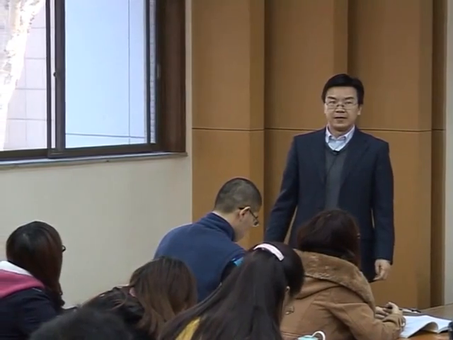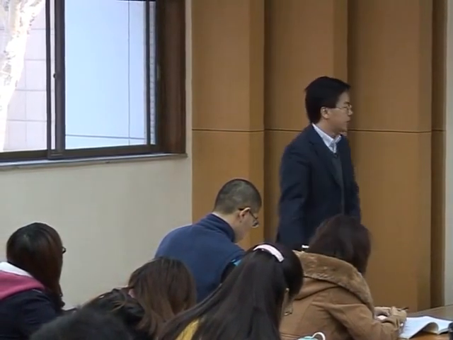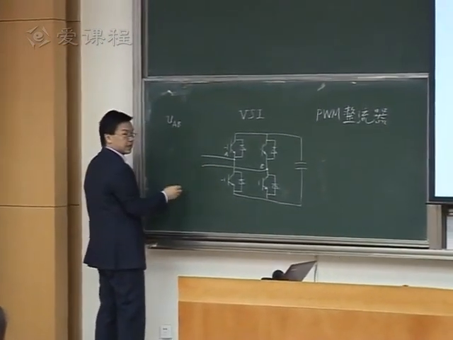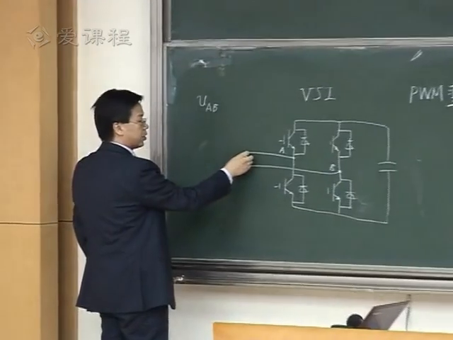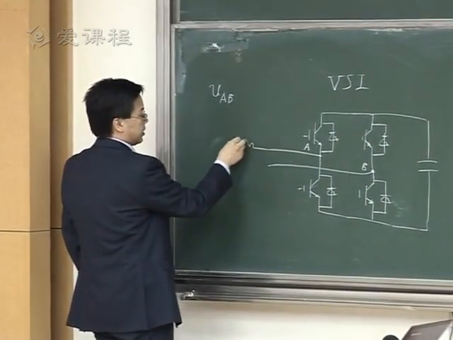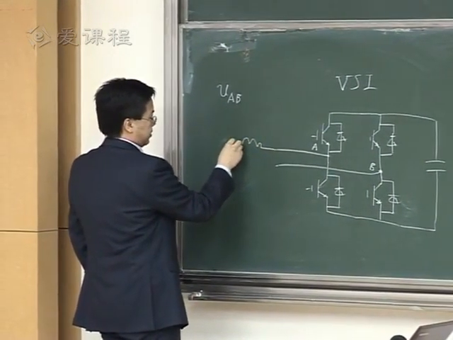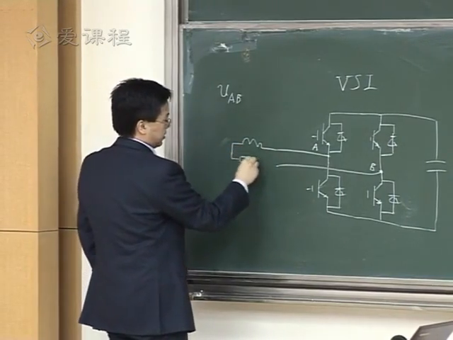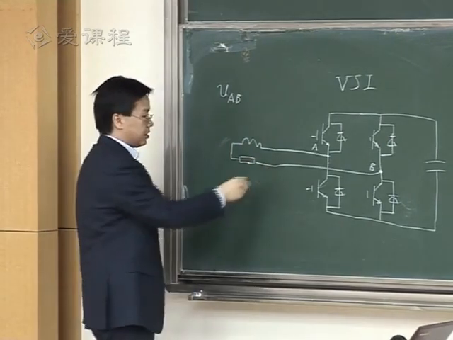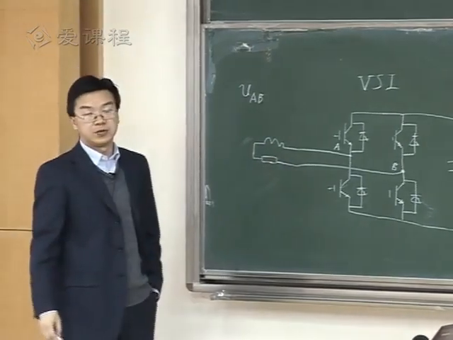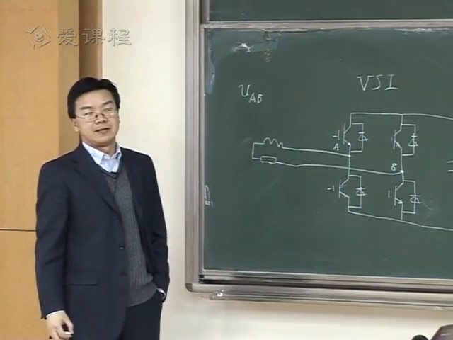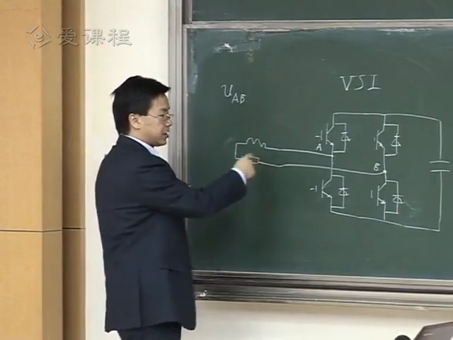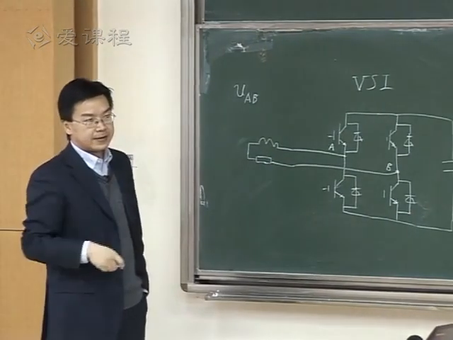And usually this inverter is connected to the load, and usually the load is, let's say, an inductor and resistor, an inductive load. This is the usual case, an inverter connected to an AC load.